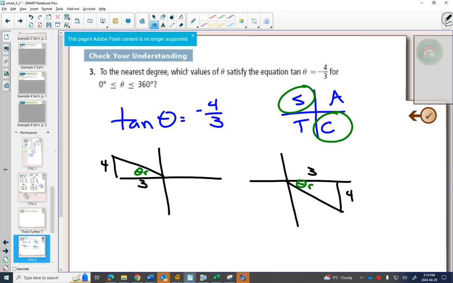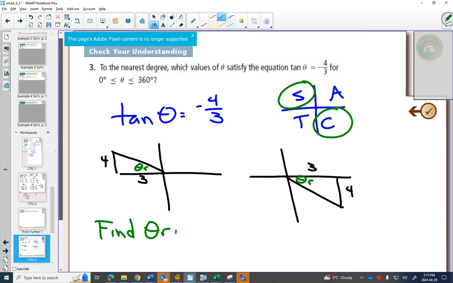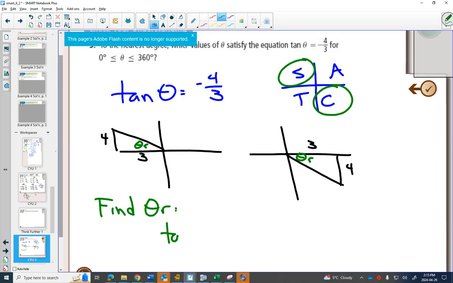And I labeled them with positive values because that's an actual triangle with actual lengths. So I can go back to my grade 10 math and find out that angle. Would you not set up that tan of your reference angle is 4/3?